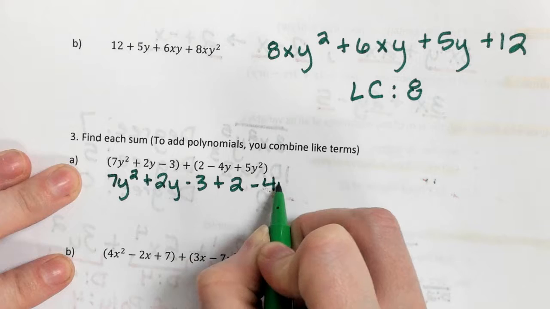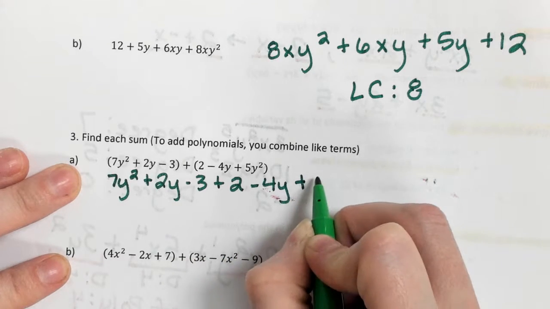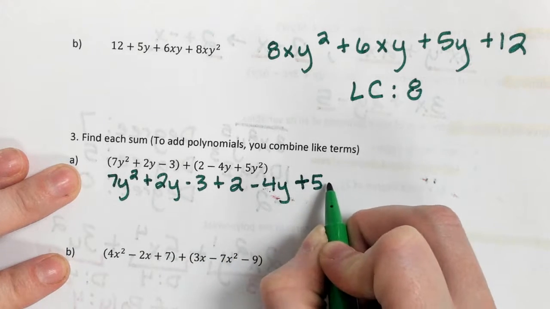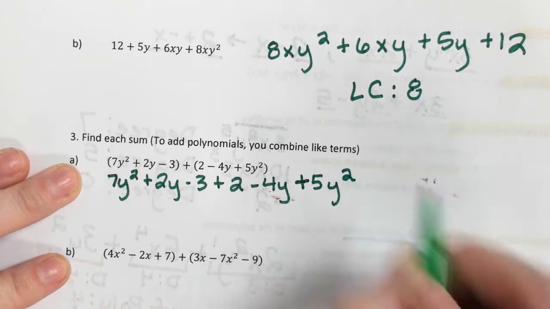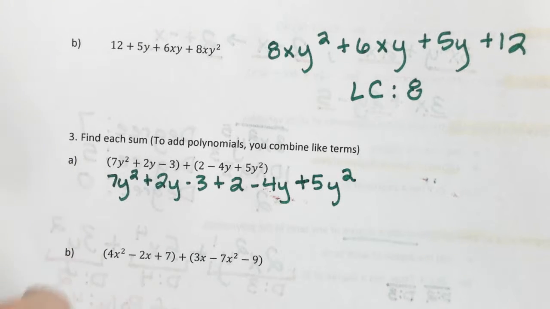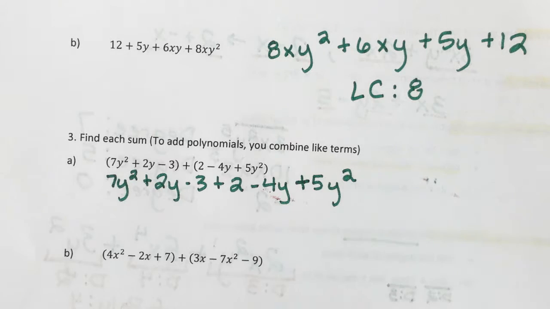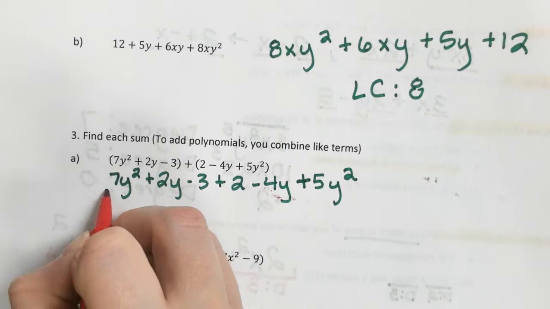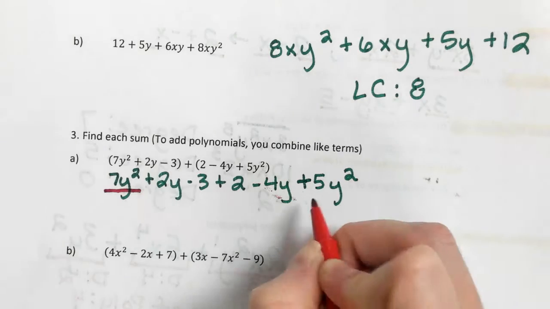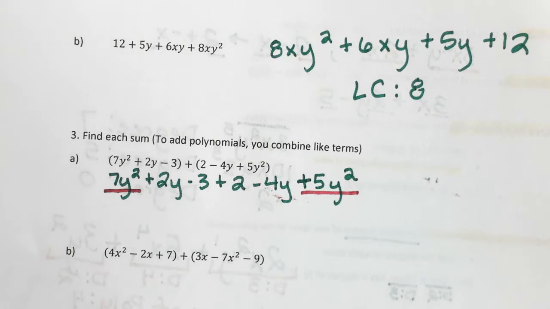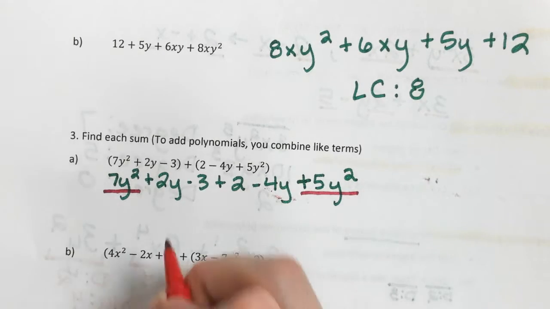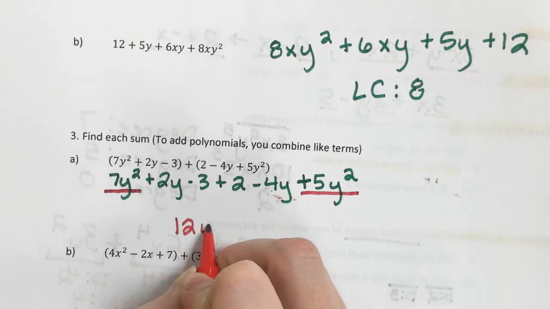Why did I put the parentheses there? Because the ones like the next problem, or not the next one, but like 4. Okay, so when I'm putting these together, what do I put this 7y squared with? 5y squared, because they have the same variable and same exponent. So that's 12y squared.